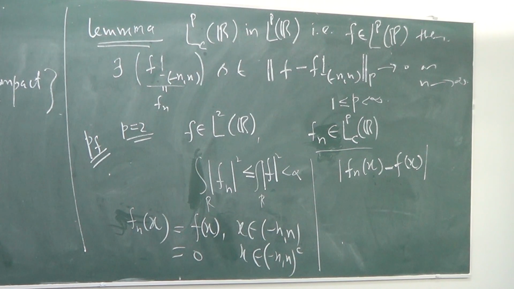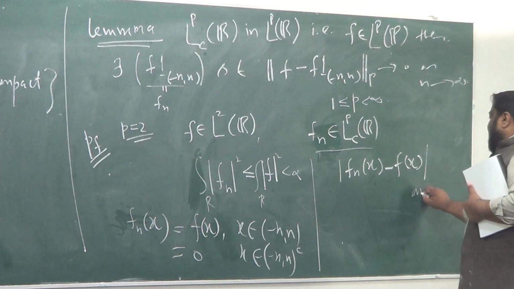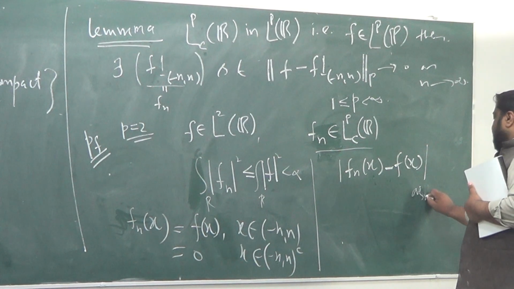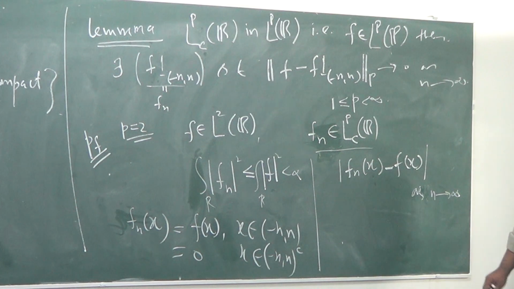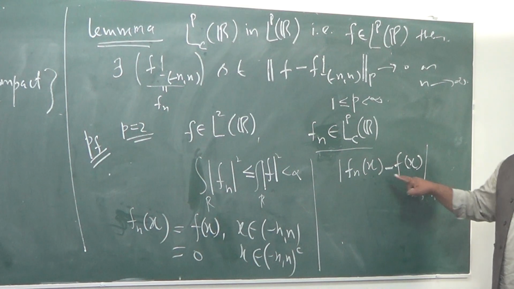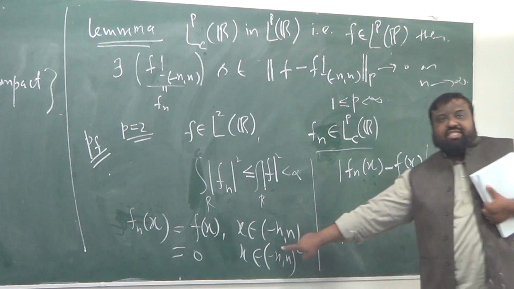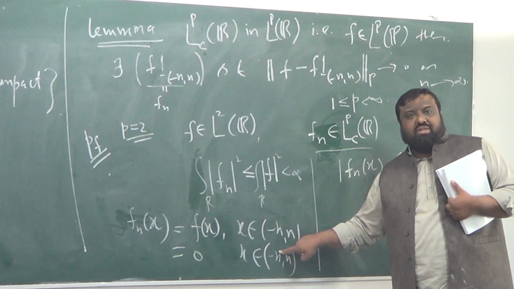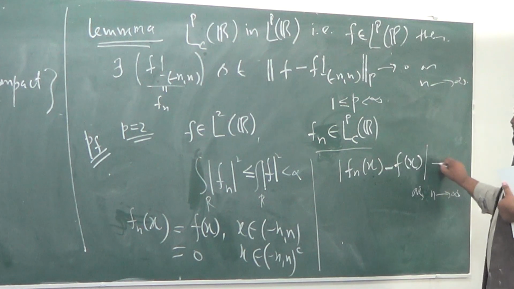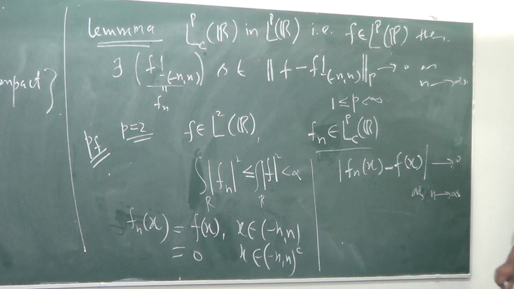But obviously, as n gets bigger and bigger, even the distinction between Fn and f, when x is outside the interval minus n to n, is going to get to 0 as well.